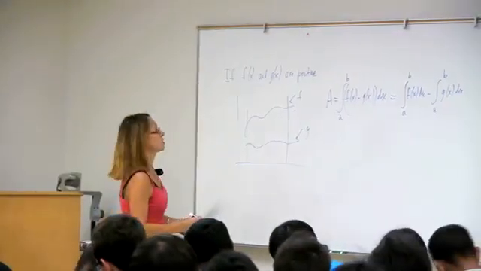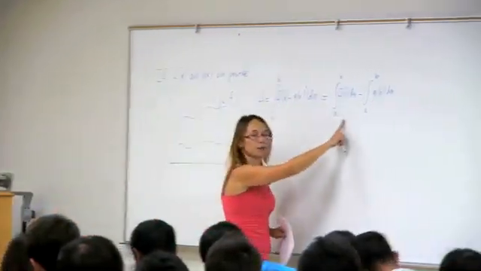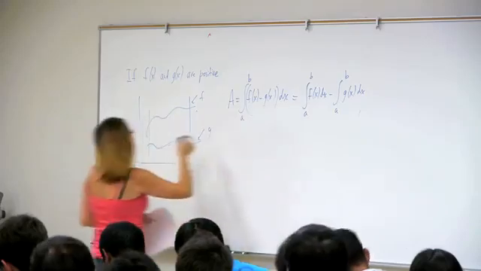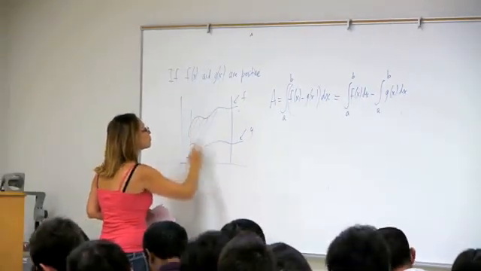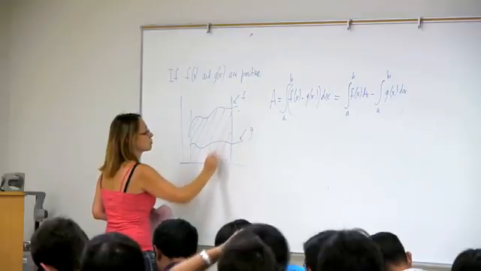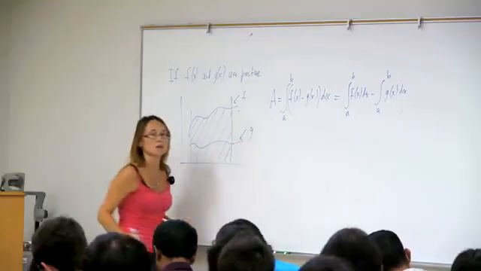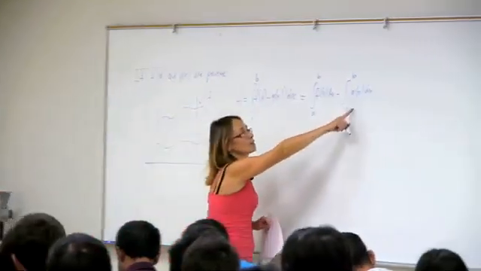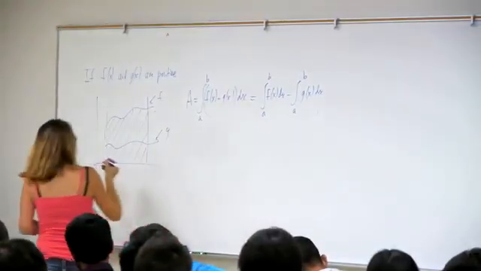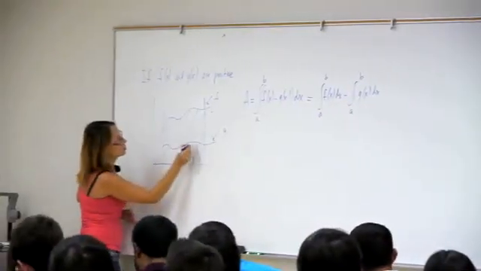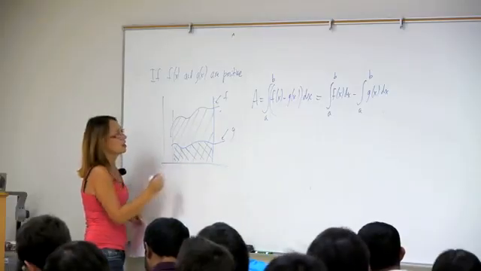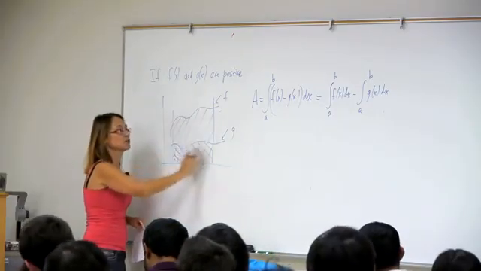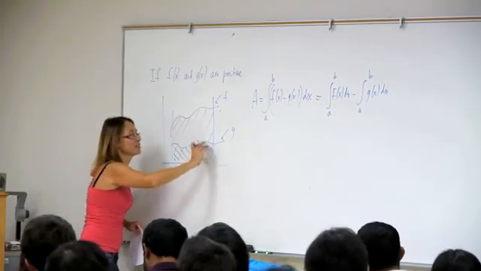So what's the first one? The first term on the right-hand side is the area under this curve. Okay. The second term is the area under the lower curve. I'm going to denote it by this. And I take the difference. So I take a carpet of this size and subtract this.